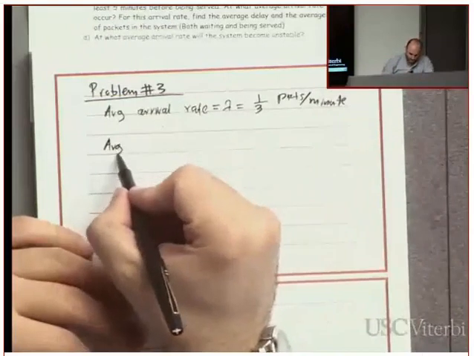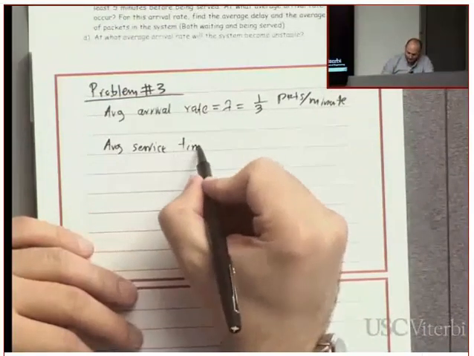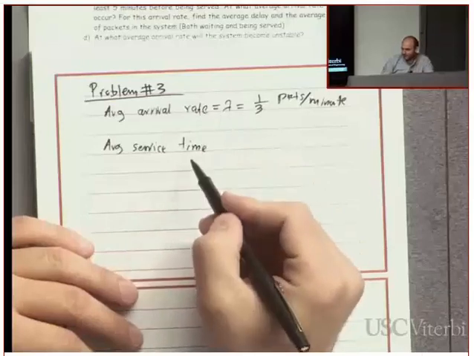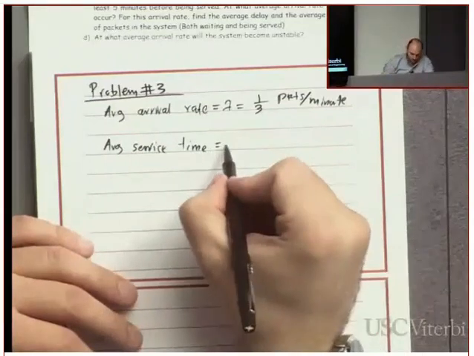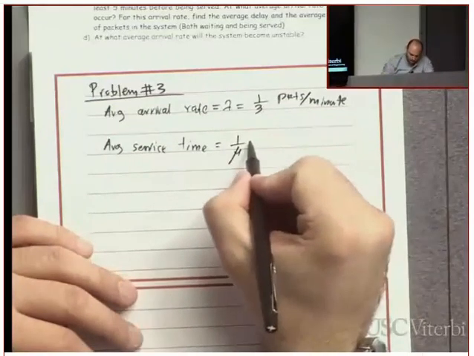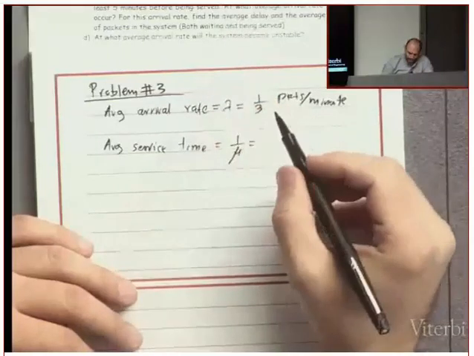Average service time: as you see here, we have rate versus time. That's why one is lambda and the other is 1/mu. And this is equal to what? 2 minutes per packet.